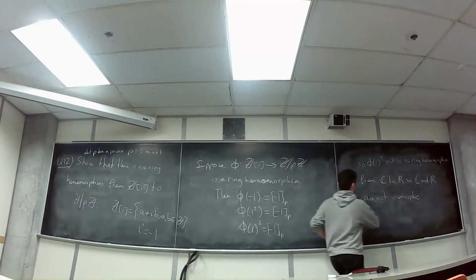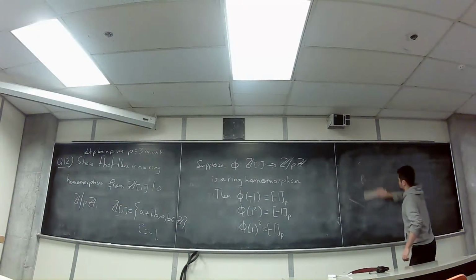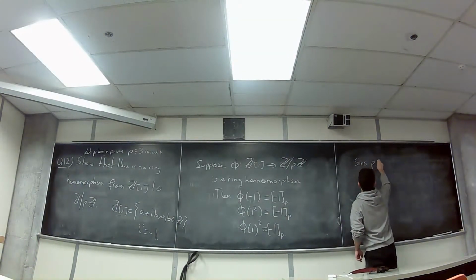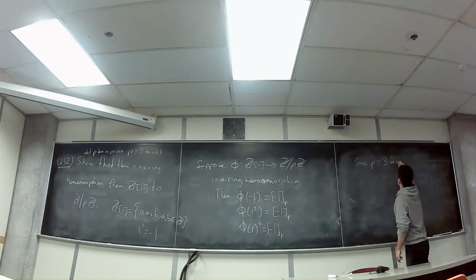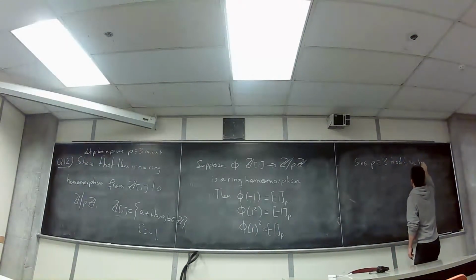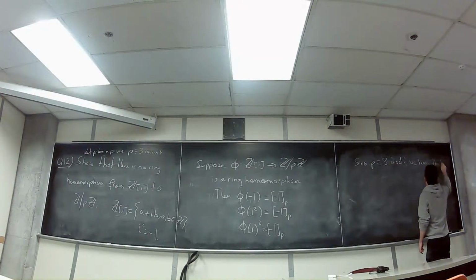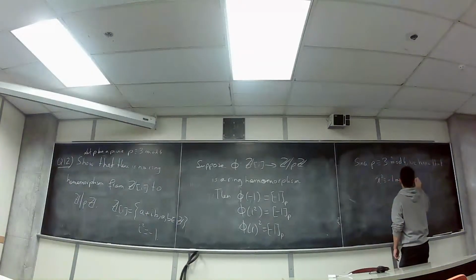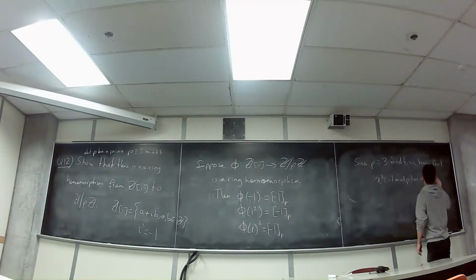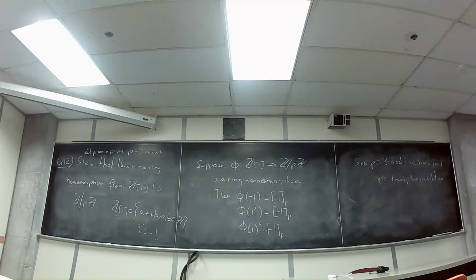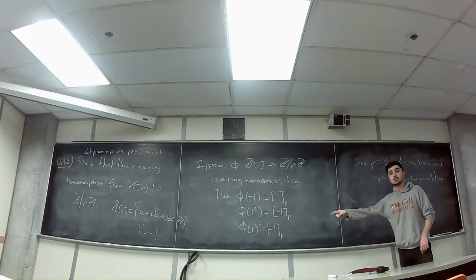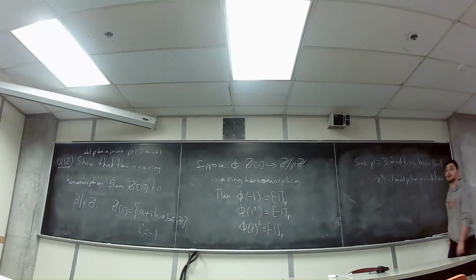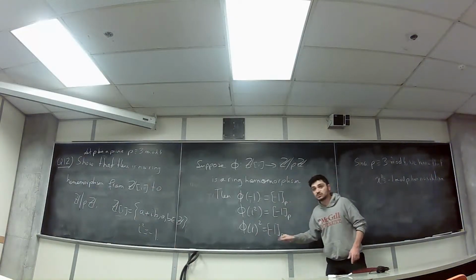Okay, now since p is congruent to 3 mod 4, we know that x squared congruent to -1 mod p has no solution. So can I find an element phi of i in Z mod pZ whose square is -1? If x squared congruent to -1 mod p has no solution, can I find an element in Z mod p whose square is -1?